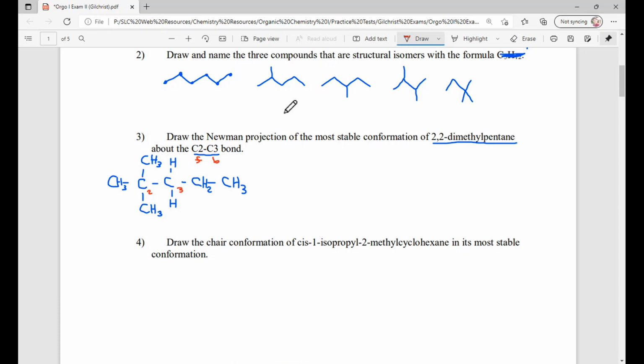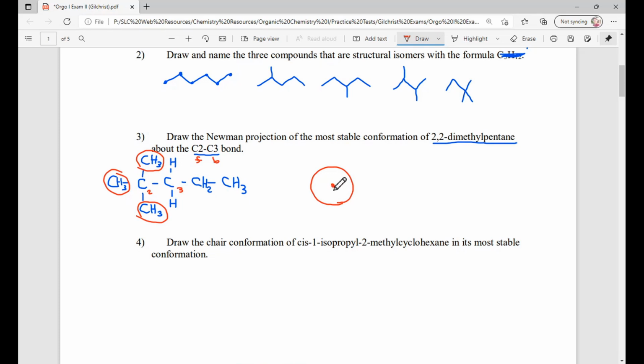Okay? So I'm going to circle the groups around carbon 2. I have 1, 2, 3 groups around carbon 2. That's my front carbon. And so remember, when we have our Newman projections, there's a circle representing the back carbon and there's a dot in the front representing the front carbon.